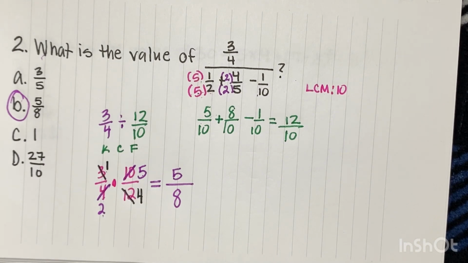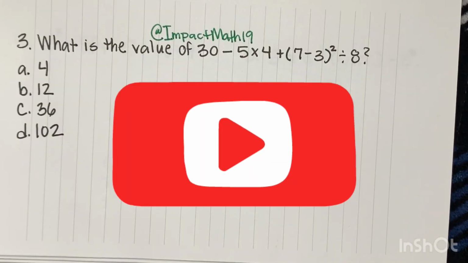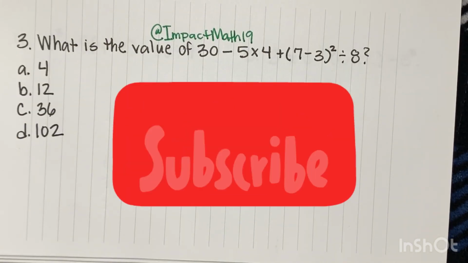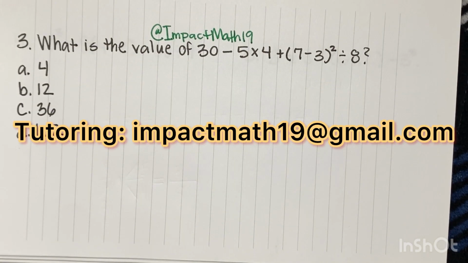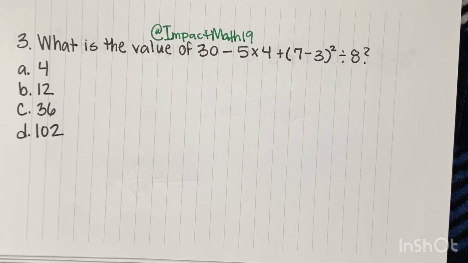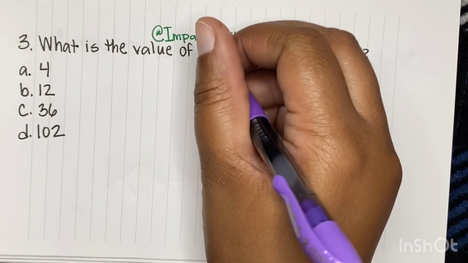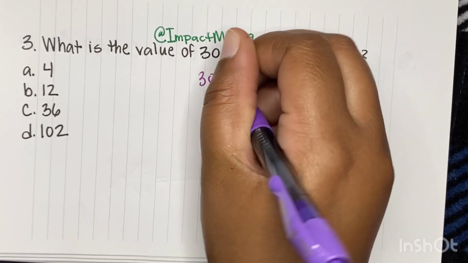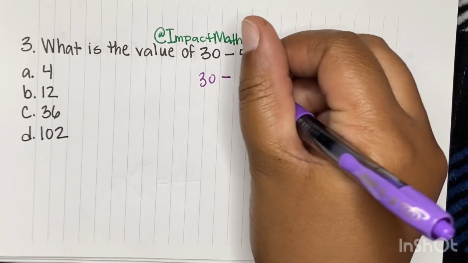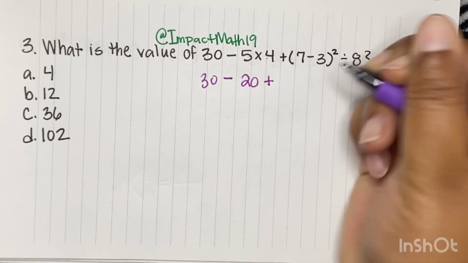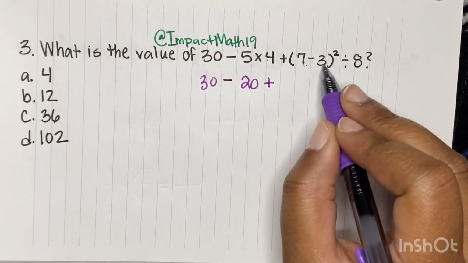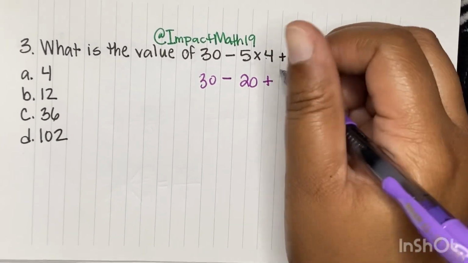Alrighty, let's go to the next order of operations. What is the value of 30 minus 5 times 4 plus 7 minus 3 to the second power divided by 8? Okay, so here we're going to drop down this 30 minus 5 times 4 gets us 20 plus, and then we're going to work inside our parentheses. 7 minus 3 is 4.